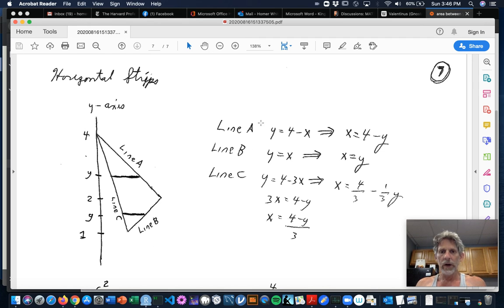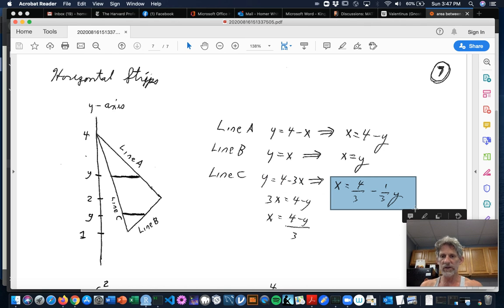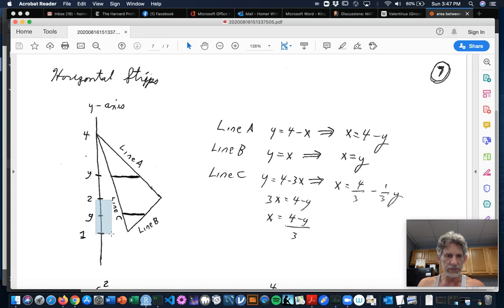So when I look at, for example, line B, instead of thinking of it as y equals x, I'll think of it as x is y. My rightmost x is going to be y. When I think about line C to get that leftmost x, I'll solve for x to get x is 4/3 minus 1/3 y. That'll be my formula for x left, as long as I'm between 1 and 2.